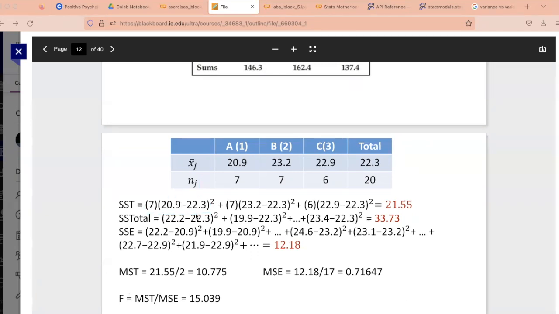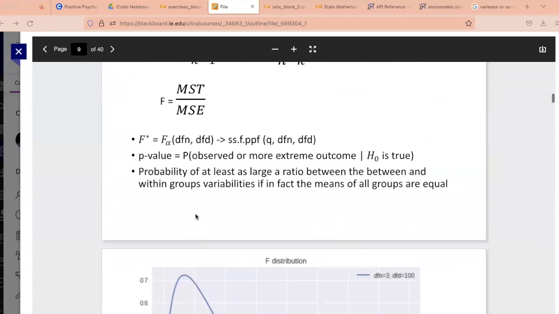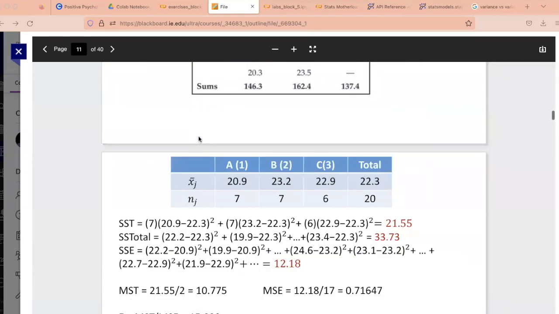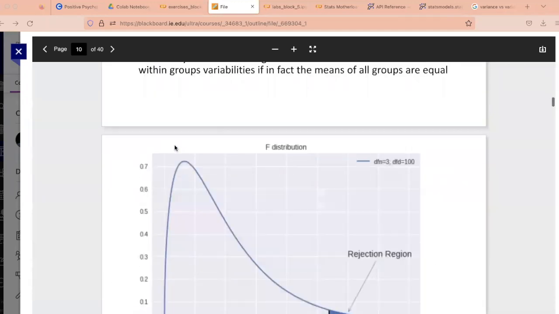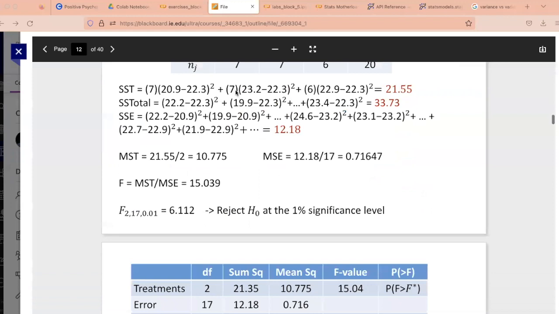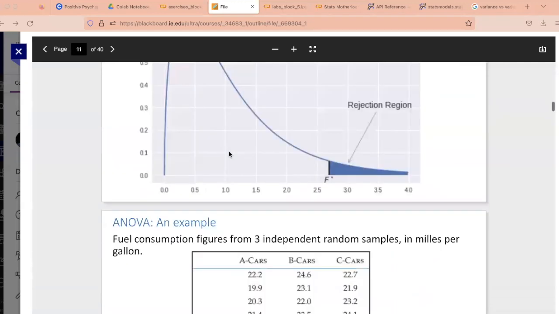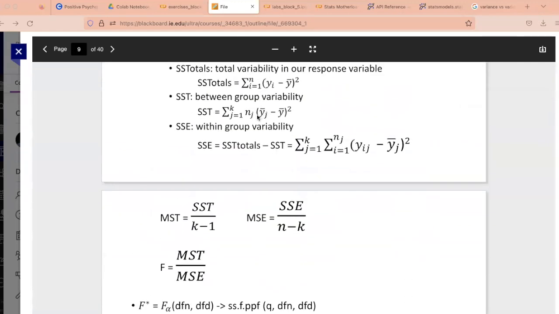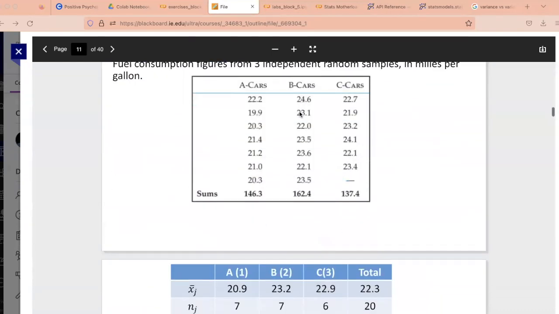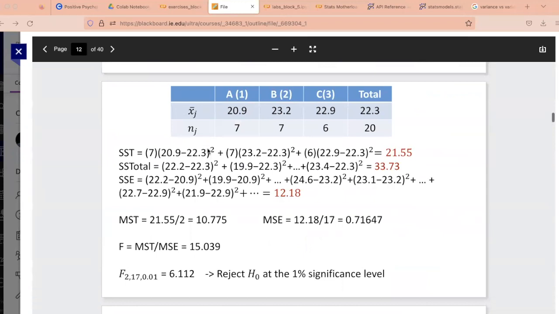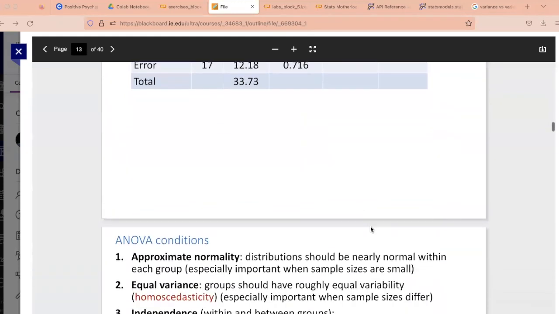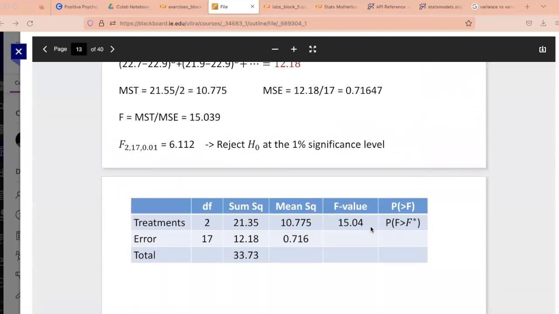But again, don't take my word for it. You see this SST here, and this n_j is this, and then your x_j, your y_j, and you square it here. But I don't know exactly where that 22.3 comes from. So again, don't take my word for it. If you want to understand it, go ask the teacher.